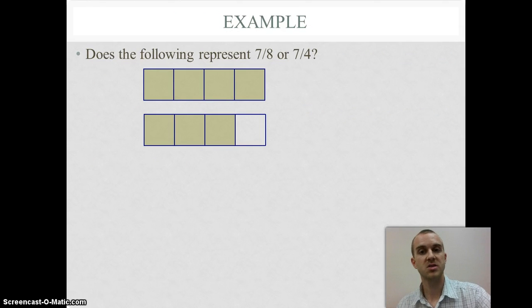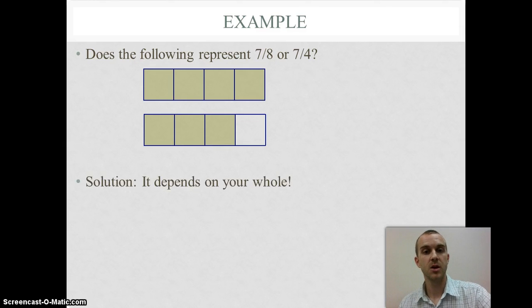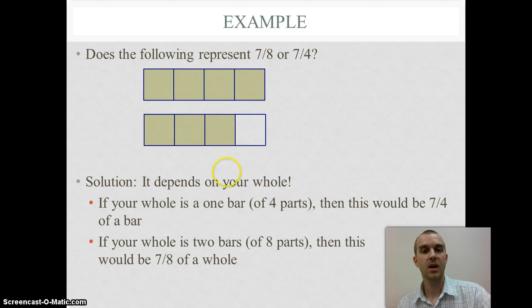Context can be important in understanding improper fractions as well. When you look at this image, do you believe this to be 7/8 or 7/4? Well, it all depends, because we have to recognize what is the whole in our picture. I could say that the whole is one rectangle, and that rectangle is made up of 4 parts.